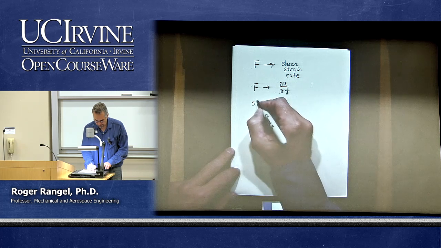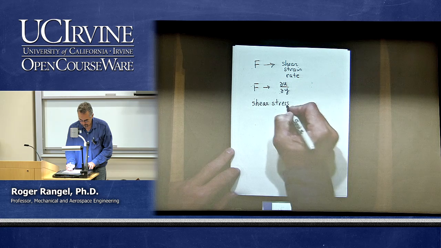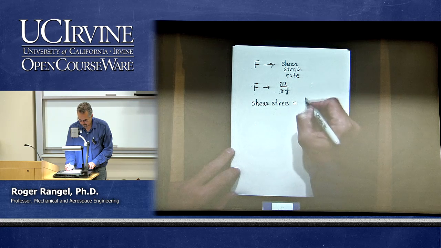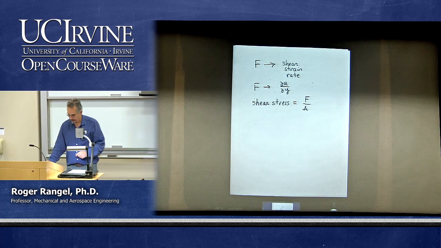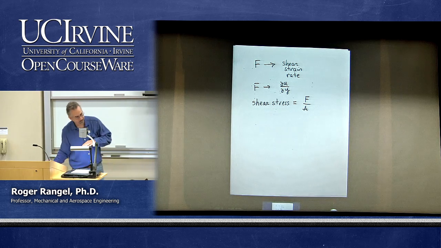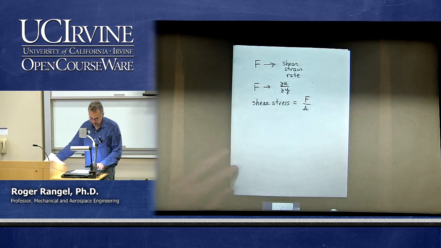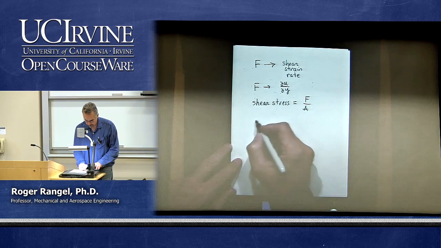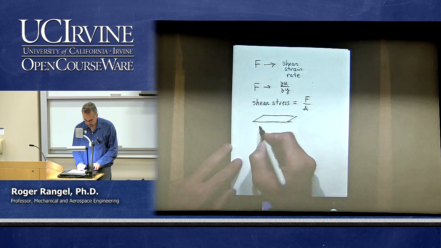So we define the shear stress as the force per unit area. What unit area is that? Well, that's the area of the plate, for example. So if I were to repeat this drawing in 3 dimensions, what I would see is that I have a plate at the top like that.